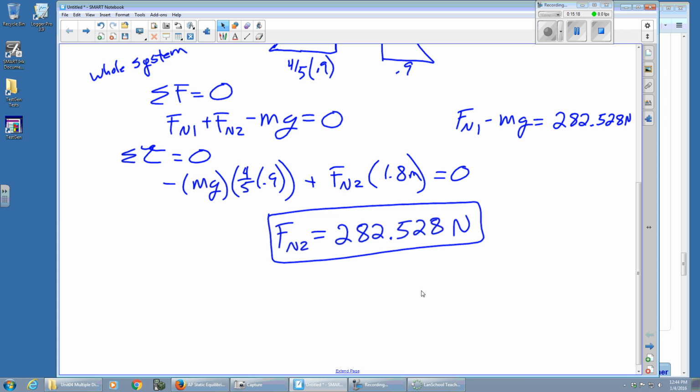Where's that? Nope, wait a minute. Oh, that'd be negative. Yeah, now I'm doing the right side. And I almost made a little math mistake. That was mine on the right-hand side. And then I get FN1 is 424 newtons for me.